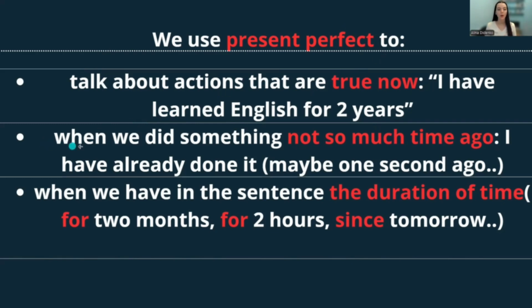The next, when we did something not so much time ago. For example, I have already done it. Pay attention to the fact that we never say when exactly it happened. We are not able to say here, last week, last month, last year.